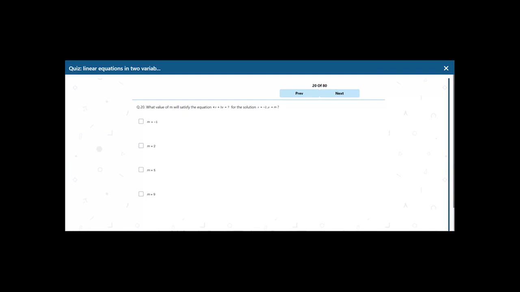Make the equation as 4x plus 3m equal to 7. Option C. Correct. That's correct.